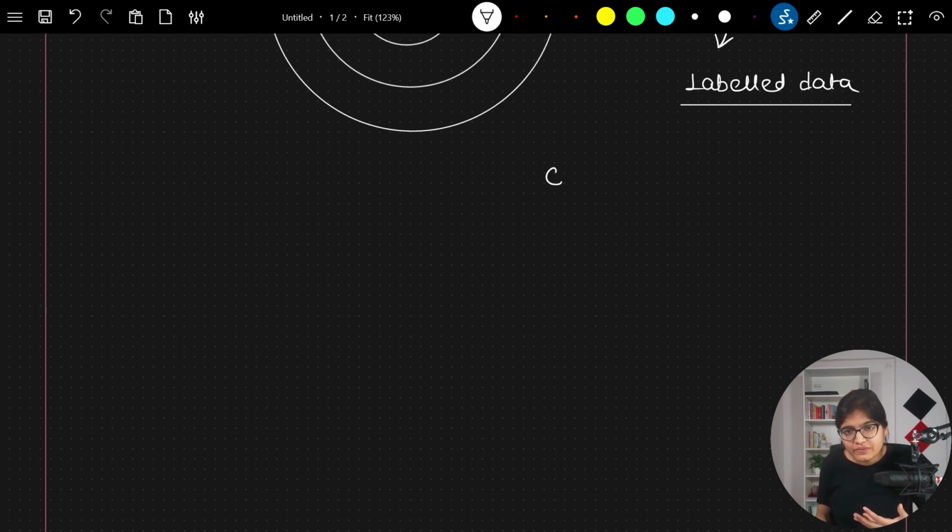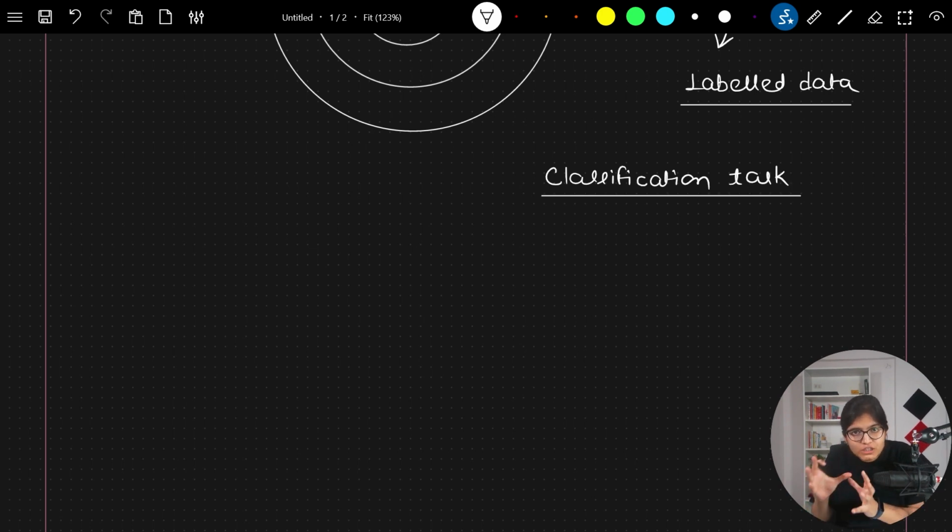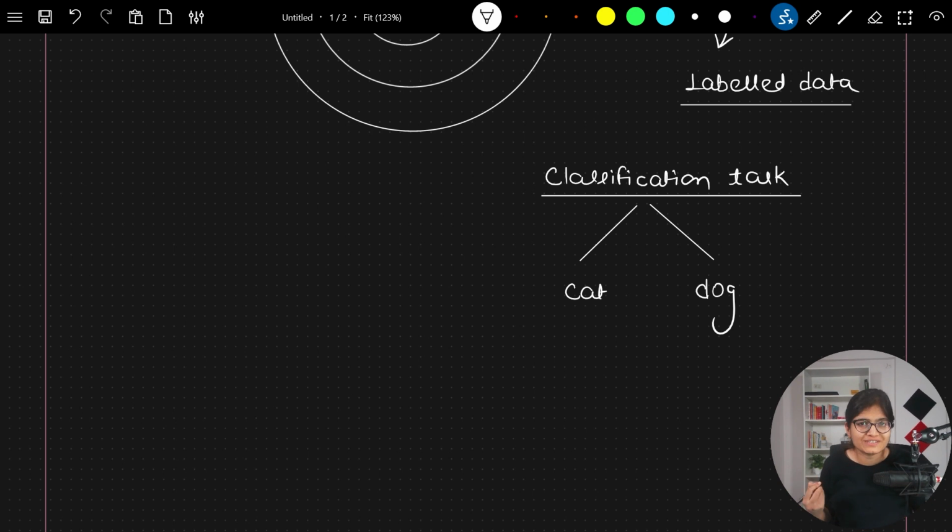Classification task meaning that maybe you want to pass the features of a cat and a dog, and you want your machine, your model, to predict whether this belongs to a cat or a dog. So this is a classification task. You are trying to classify between two classes, cat versus dog, depending upon the features that you are passing to the model.